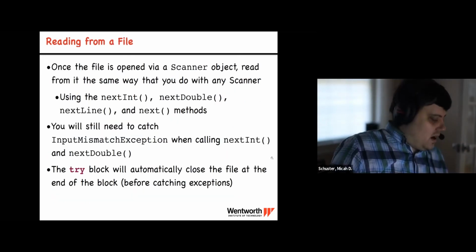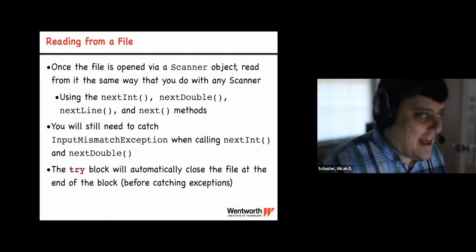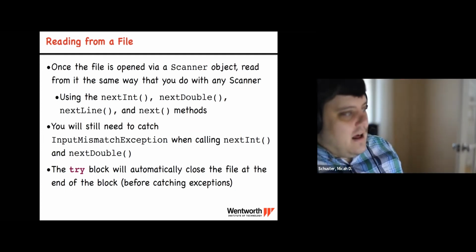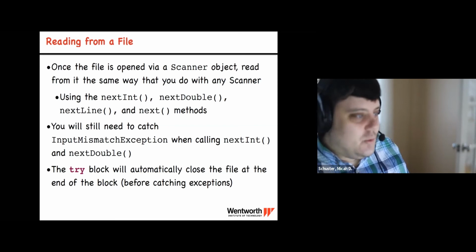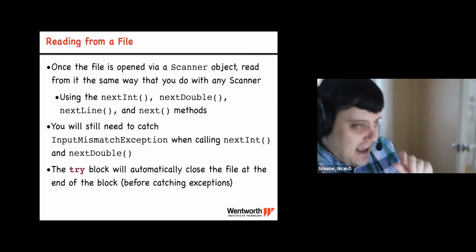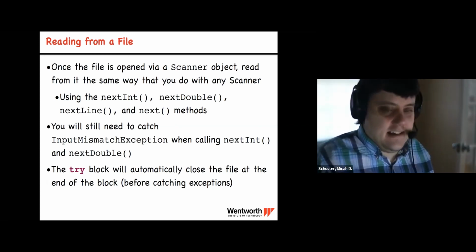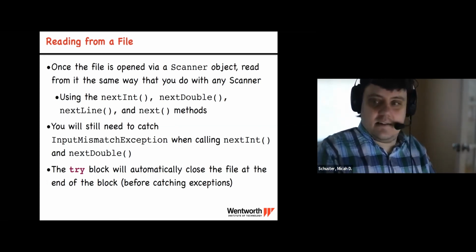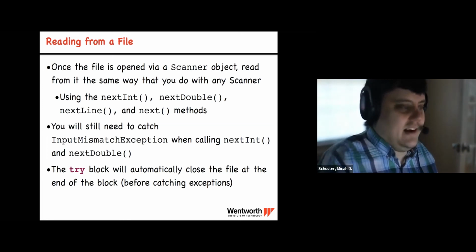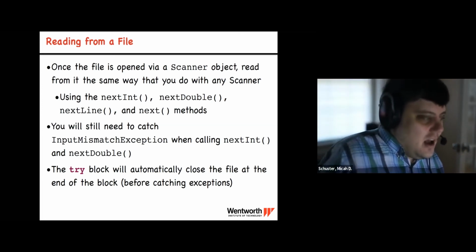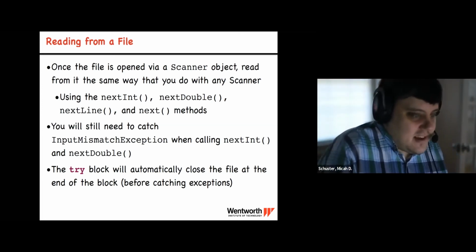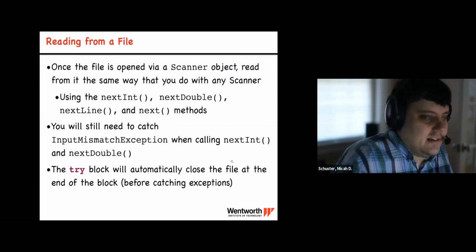All right, so now that we know we can open a file, we can just do the same thing we do with a regular scanner. A scanner is an object. It comes from a class that has next int and next double and next line and next. All of these we've used in homeworks and in examples and labs. It's the same way that you normally would use a scanner.